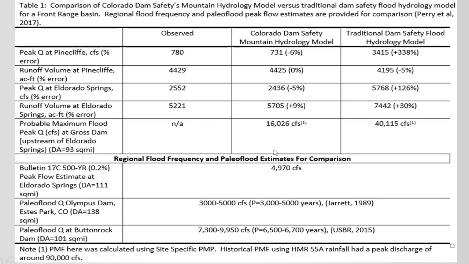So the point being that there is, working backwards from the old HMR 55A PMP and traditional dam safety hydrology models, 90,000 CFS PMF, to the traditional dam safety hydrology model with site-specific PMP, 40,000 CFS, to the site-specific PMP and our proof of concept mountain hydrology model, 16,000.